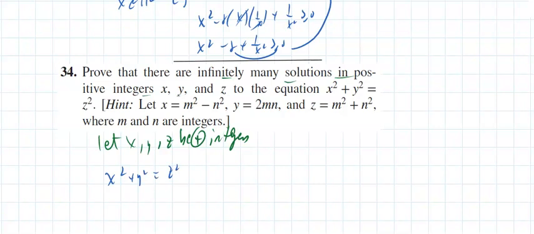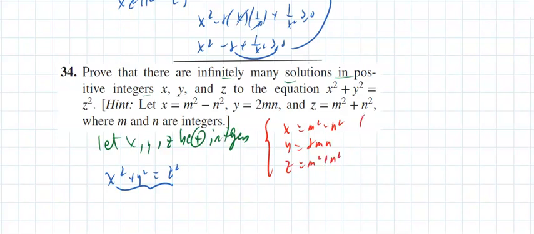So here they're saying prove that there are infinitely many solutions in positive integers x, y, and z to this equation. Well, they give us a hint. They say, why don't you let x equal m squared minus n squared, and let y equal 2mn, and let z equal m squared plus n squared, where m and n are integers.